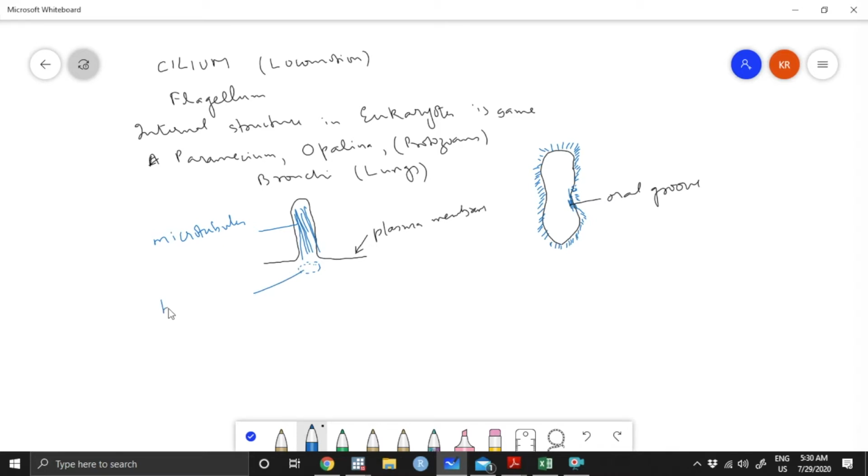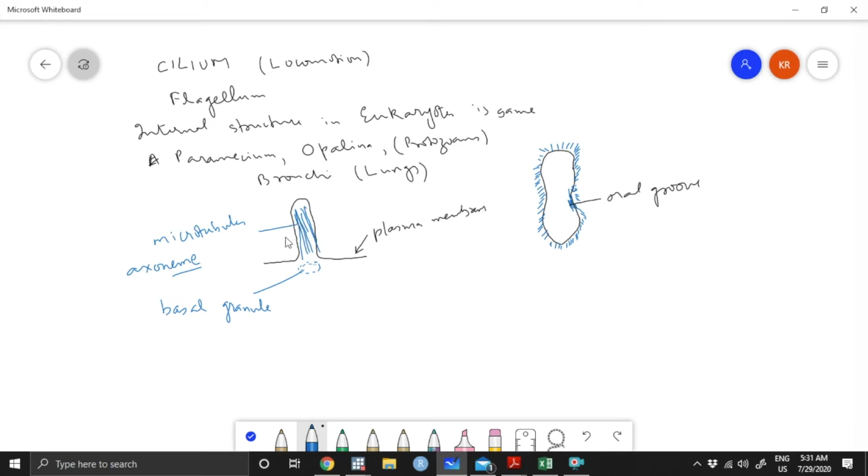This structure is called the basal granule, and these are all arrangements of different types of microtubules. This central shaft is also called the axoneme. Neme means thread because this is a thread-like structure, and axo because axis, so it's called the axis.